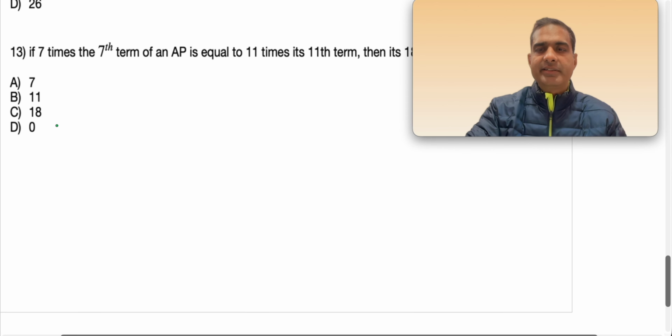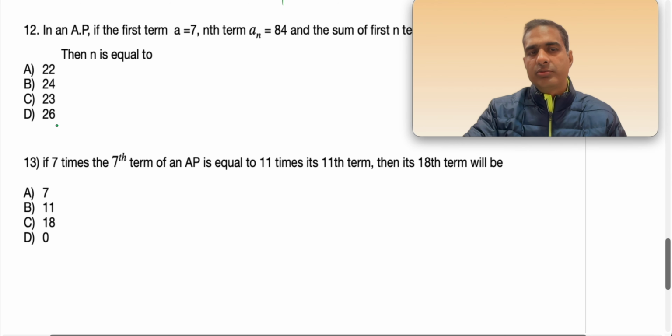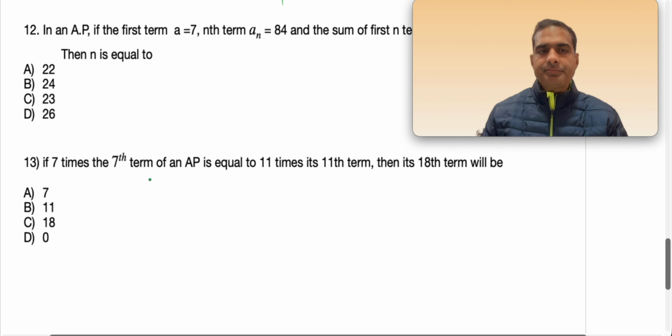This would be the last question of today also. So let's use the given information and see what we can find out about the first term and the common difference, or whether we can find the 18th term.